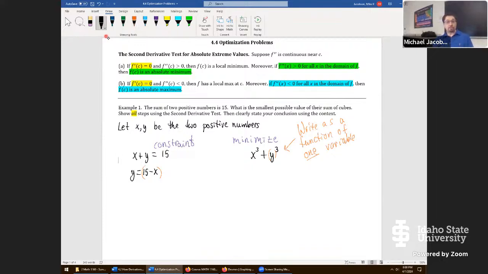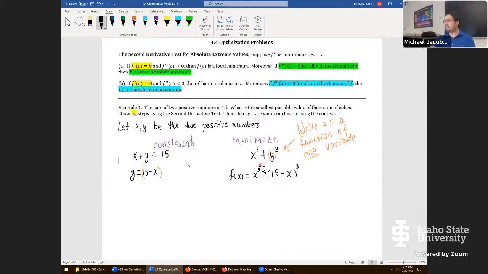The moment we do that, we now do have a function of f. We can now say f of x equals x cubed plus y cubed, but y is now just as good as 15 minus x. So we have now a function. The constraint equation is pretty much done at this point. We now know we're minimizing this thing.